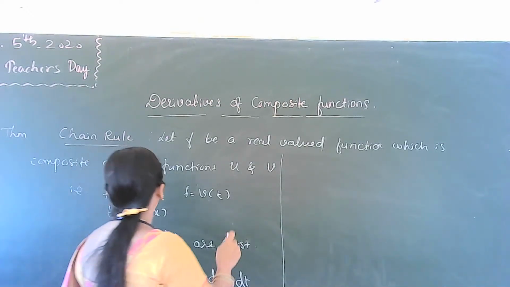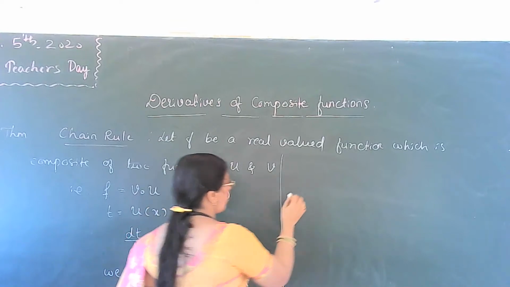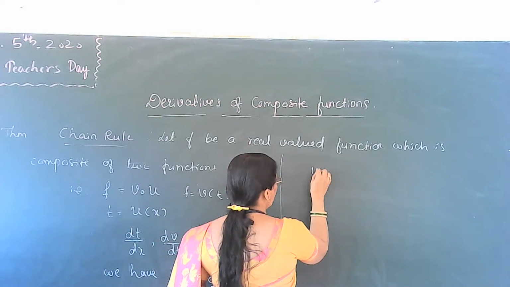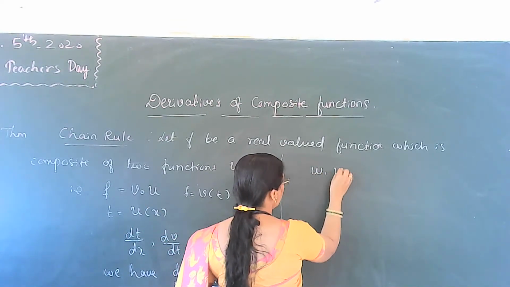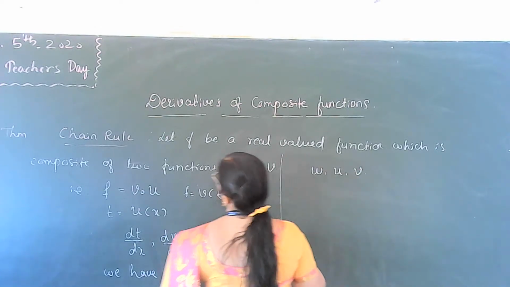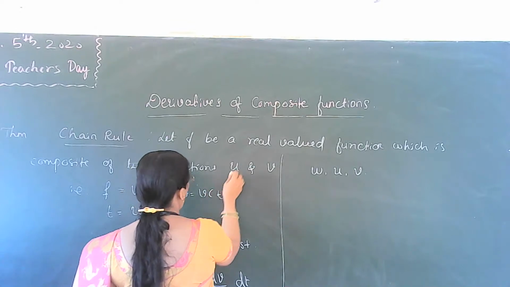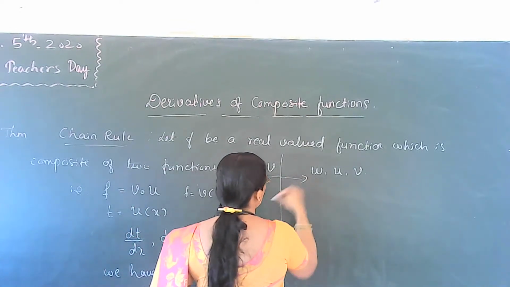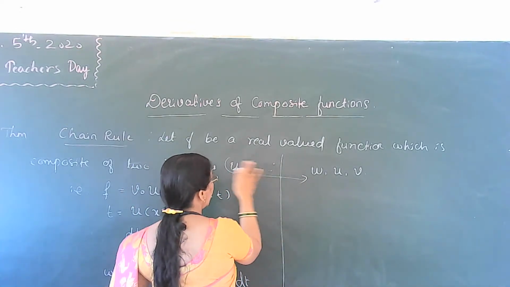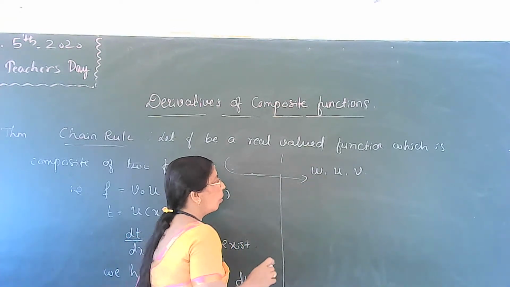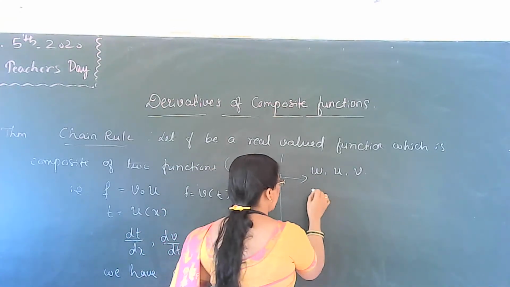Now we take, if the function is a composite of three functions w, u and v. Let f be a real valued function which is a composite of w, u and v.